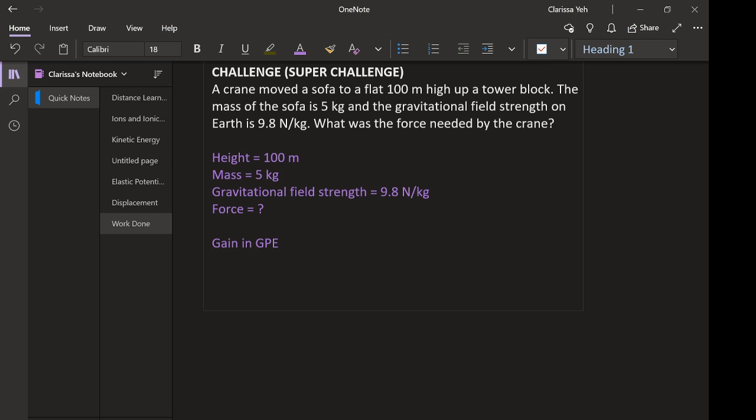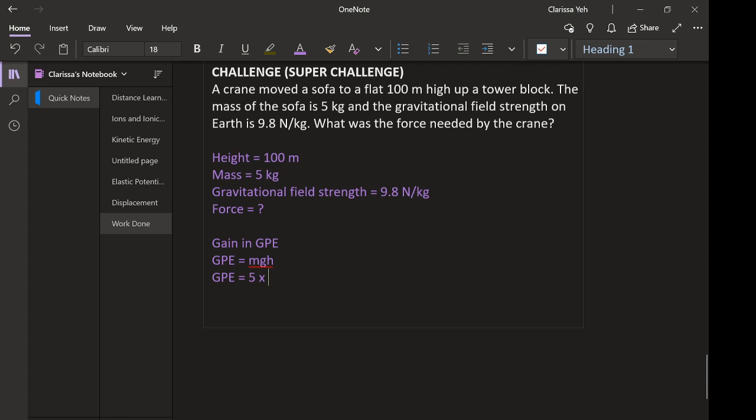So its gain in gravitational potential energy, we use mgh as our formula. You do have to memorize that formula. The only formula you don't have to memorize in this set is the elastic energy formula. But GPE equals mgh, you do have to know that one. So GPE equals, I'm substituting in values. Mass, I do have a mass for my sofa. It's 5.